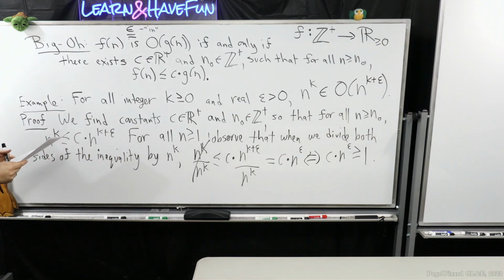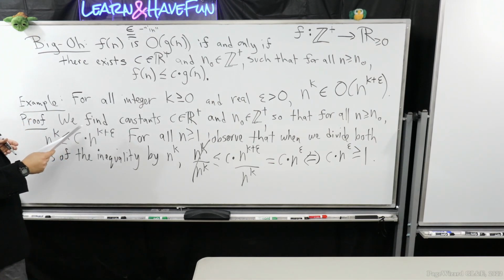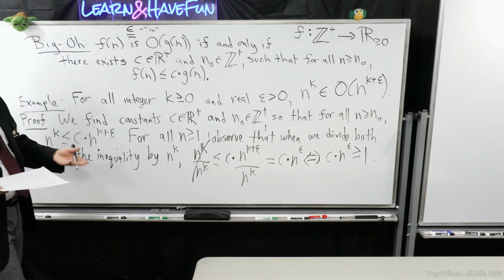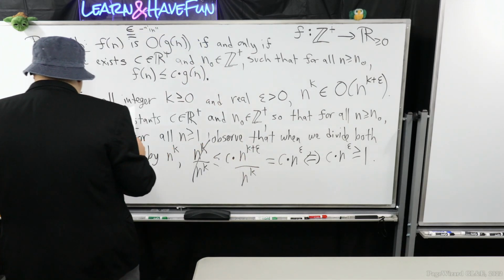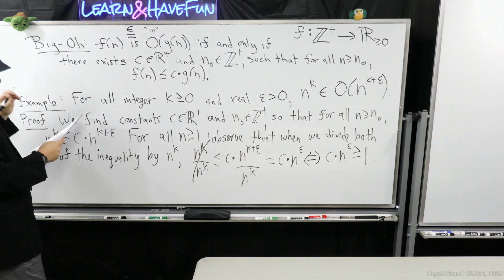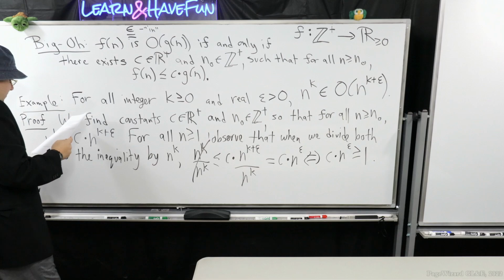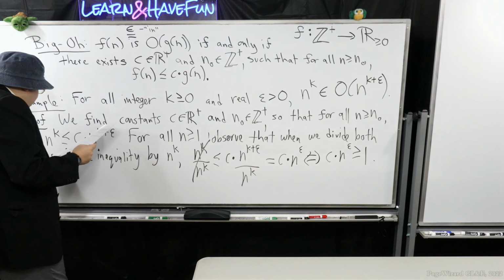Well, the great thing about this is that we're going to pull out a property that we know about n to the power of epsilon. It's a polynomial, but it isn't necessary that it has an integral exponent, meaning it's not integer valued. It may be real valued, as we have epsilon being a real number. But remember, epsilon is positive. We're going to pick c is equal to 1.